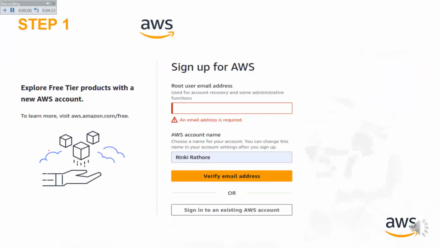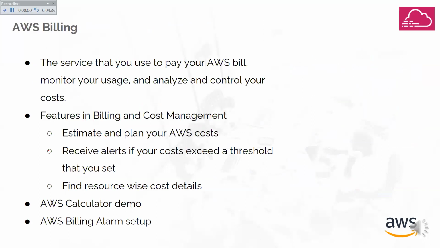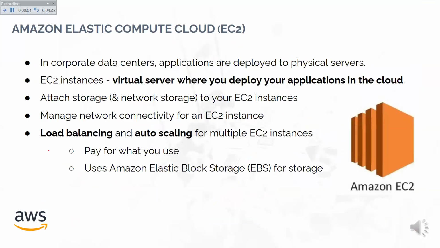Okay, getting started, we will leave the accounts and I'm coming directly to Elastic Compute Cloud. We will cover just the basics of the AWS compute service, AWS Elastic Compute Cloud, EC2. In a corporate data center, applications are deployed to physical servers, but we are talking about the AWS cloud, so it's virtual servers.